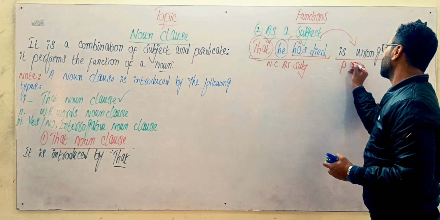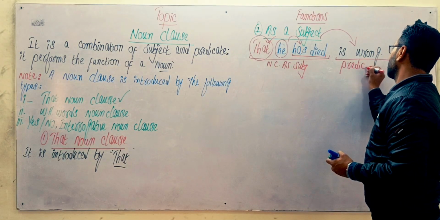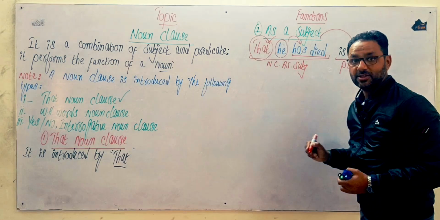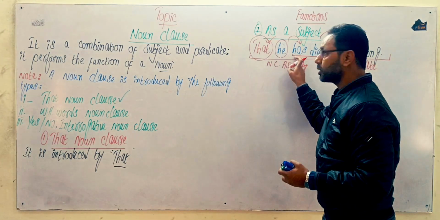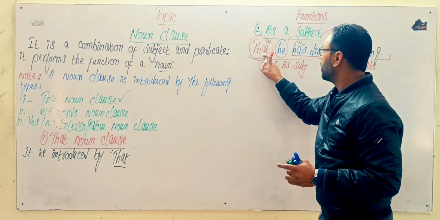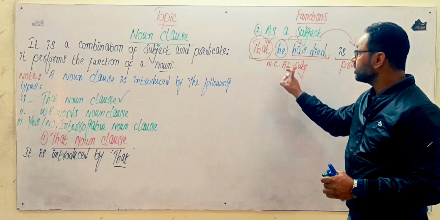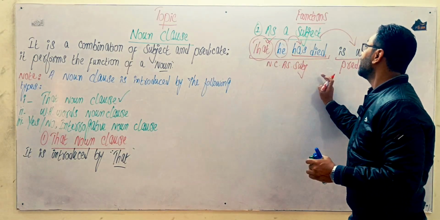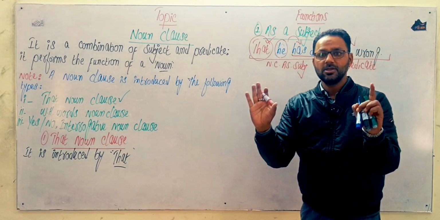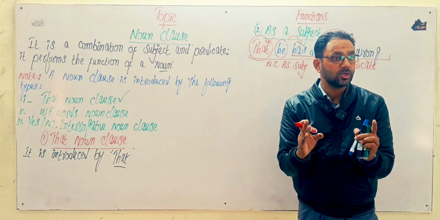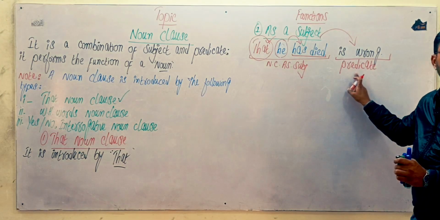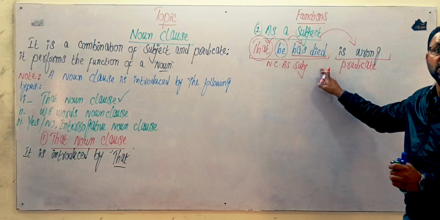So this is the predicate of this complete clause. Why? Because you yourself said a clause is a combination of subject plus predicate, introduced by that. This is making one whole. Function as a subject. That he has died, this complete unit is working as a subject, and the remaining part is working as a predicate. That he has died is wrong.